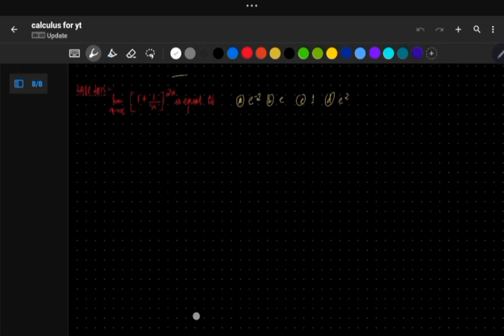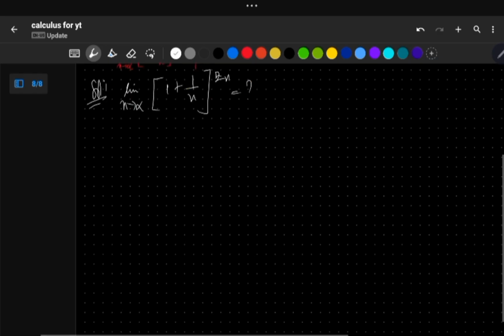And the last question, solution. Limit x tends to infinity, 1 plus 1 by x, whole power 2x, equals how much, right? This is the question. We can solve it in various ways.